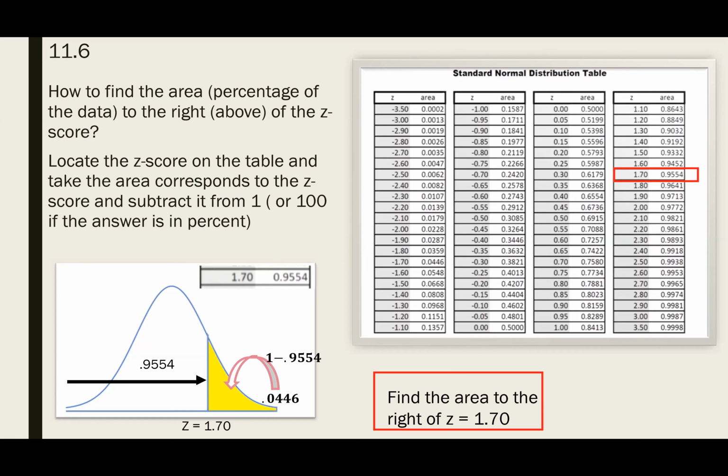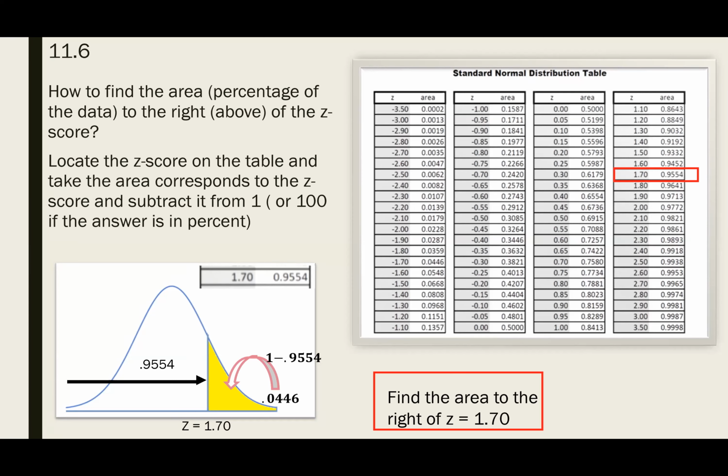Why 1? Because the total area underneath the curve is equal to 1, or 100% if it's in percentage. Okay, so if they ask you to find the area to the right, one extra step that you need to do is take 1 minus the area that they give you in the table.